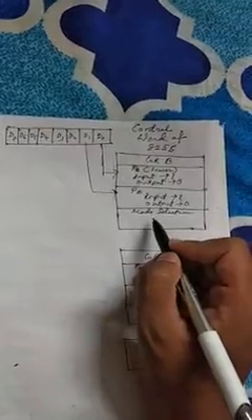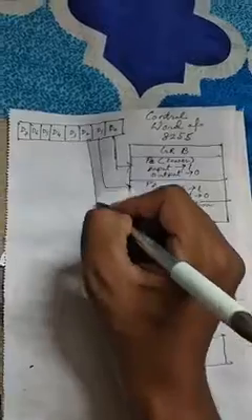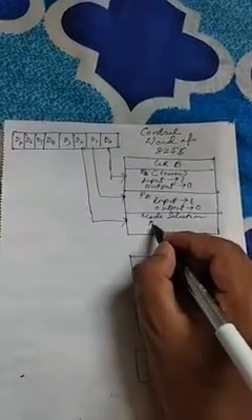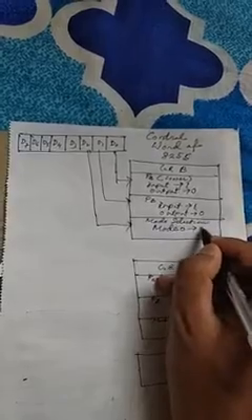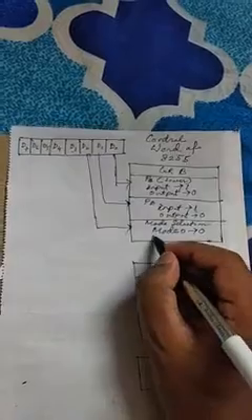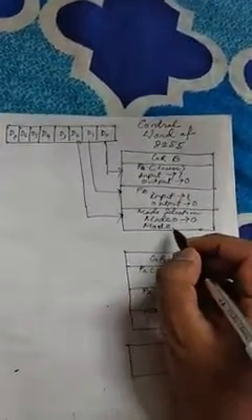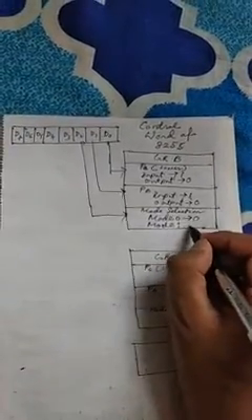Now for the selection of mode, D2 is used for the selection of port B mode. If you want to select port B as mode 0, then you have to write 0 into the D2. If you want to select port B as mode 1, then we have to write 1 into the D2.